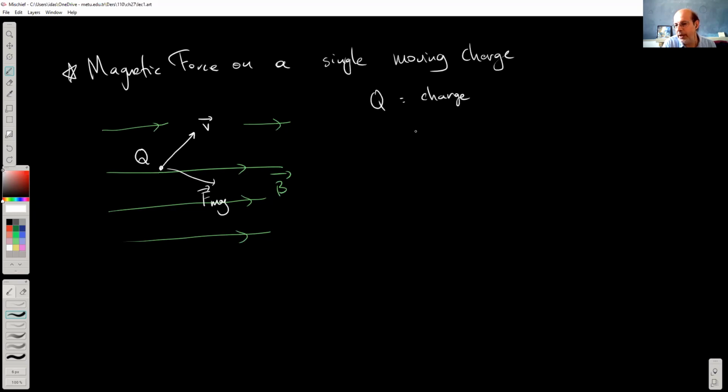Q is the charge. The force should depend on the charge, because if the charge is zero, then there won't be any magnetic force. V is the velocity of the particle. What else?